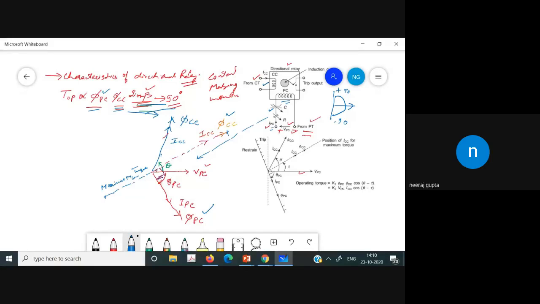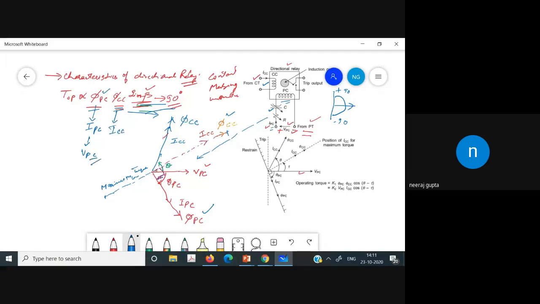This is because of IPC and VPC, and this is because of ICC.